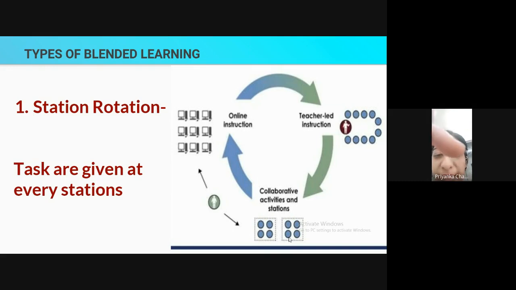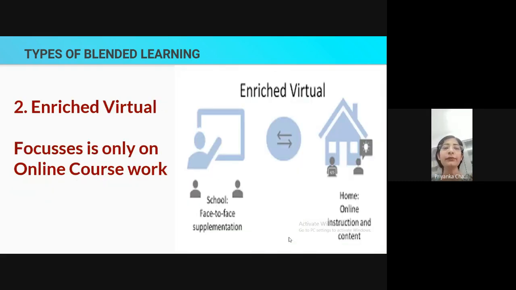They will discuss it, and then the same 20 students will be instructed online. That means these 20 students have been given some tasks. In the meanwhile, the teacher will instruct the next 20 students. So this is called station rotation. Second is enriched virtual. What do you mean by the word enriched virtual?